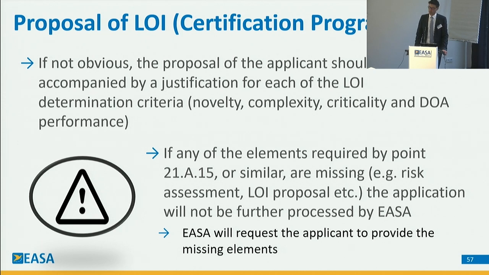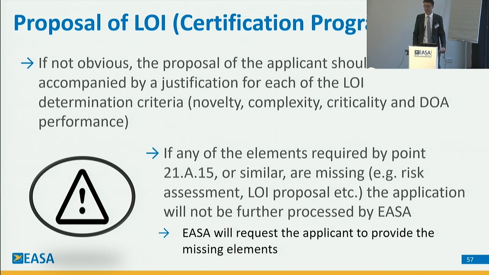If any of the elements required by point 21A15 or similar are missing, so the risk assessment, the LOI proposal, etc., the application will not be further processed by EASA. So it's not that we are just quiet and nothing happens. You will be informed by us if something is missing, but it goes into what I said at the beginning. The certification program, the risk assessment is part of the application.